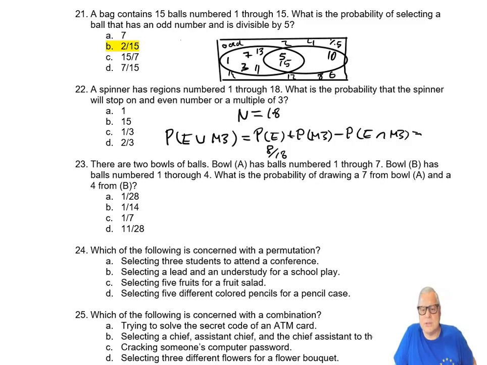Divisible by 3, so 3, 6, 9, 12, 15, 18. So that's 6 over 18.